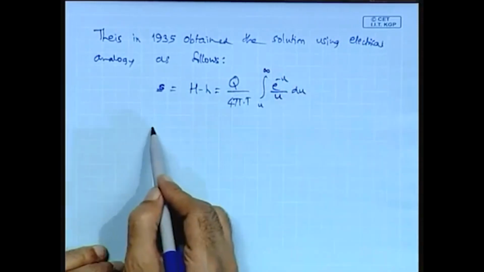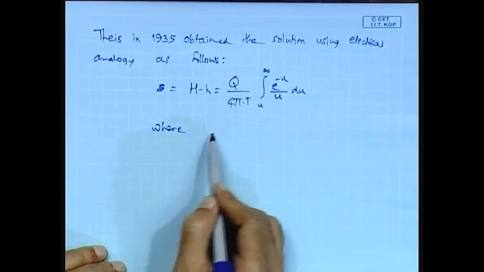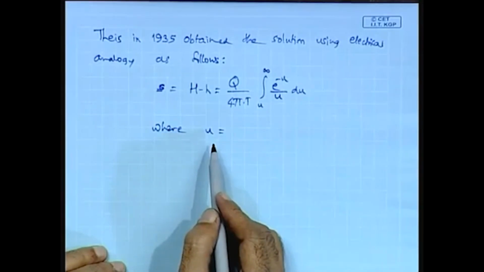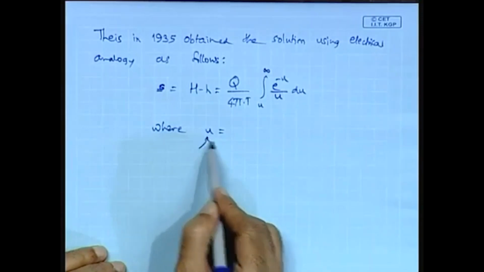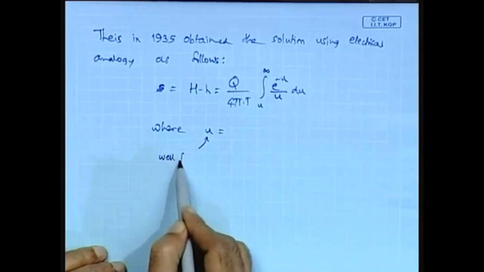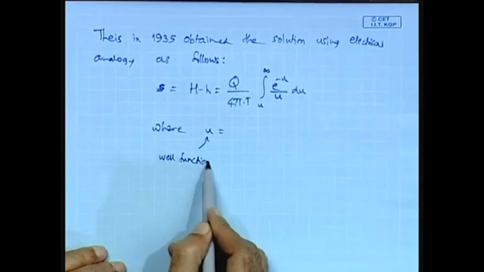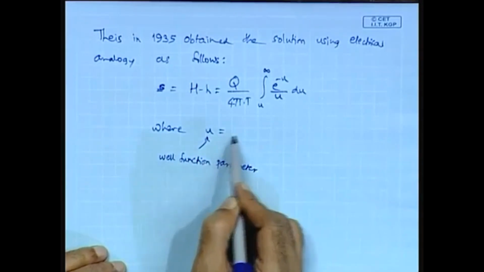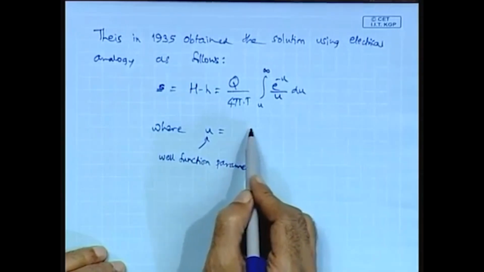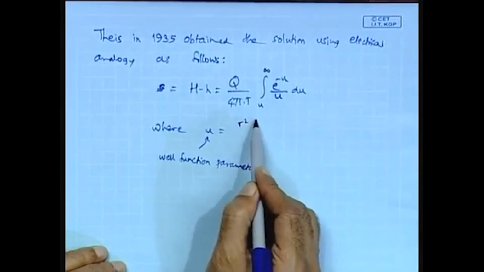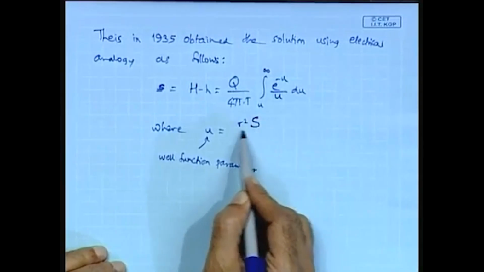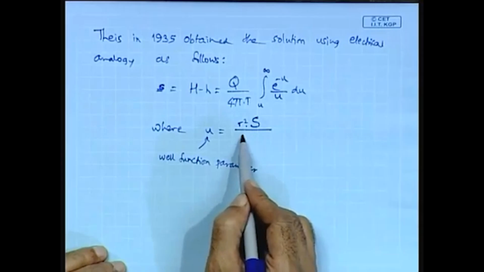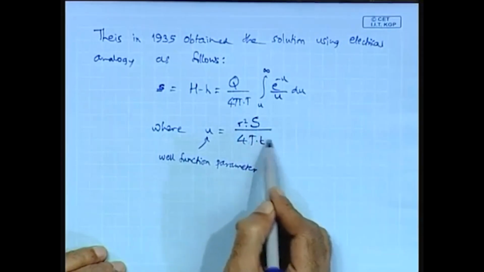So, here this term u is known as the well function parameter. This is equal to r square into S, the storativity, divided by 4 T into t.